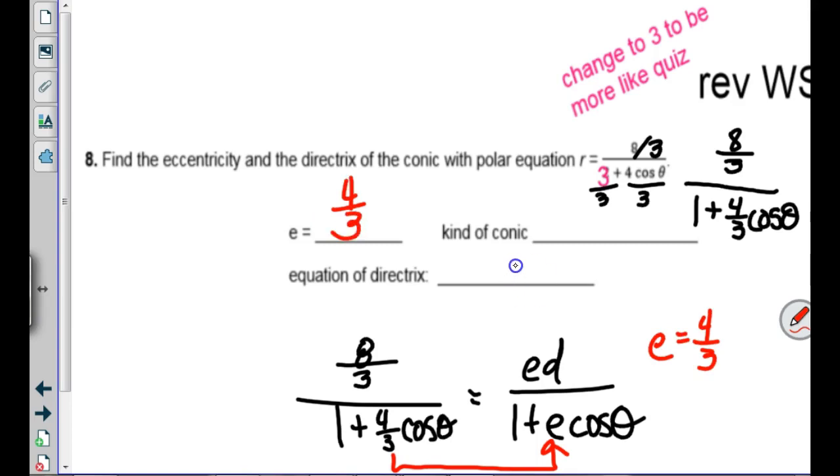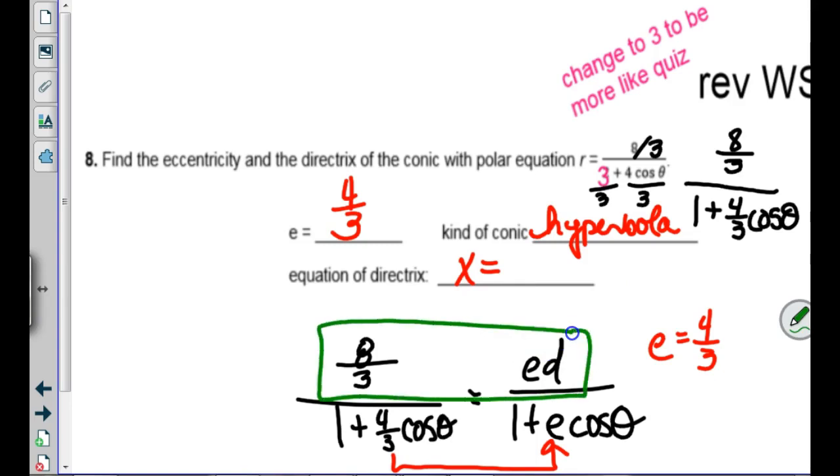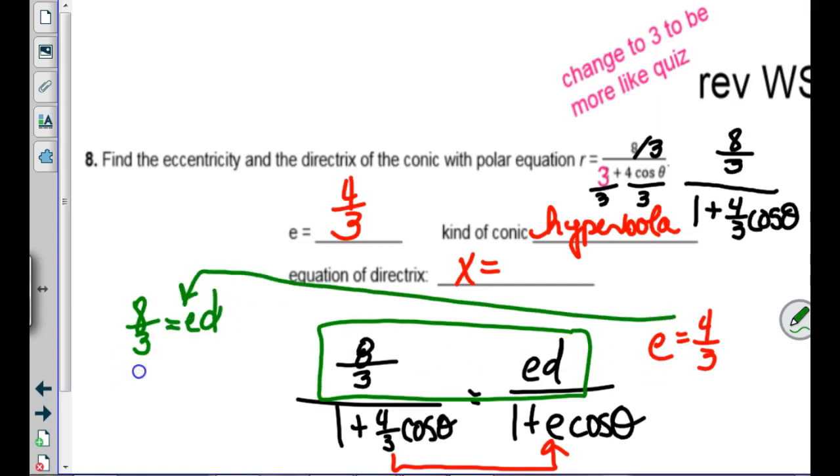And e greater than 1, it says right on your sheet, is a hyperbola. And then the equation of the directrix, when it has 1 plus e cosine theta down here, says it's x equals d. But we have to figure out what d is. Right up here, it says 8/3 equals ed. And we know 4/3 is e.